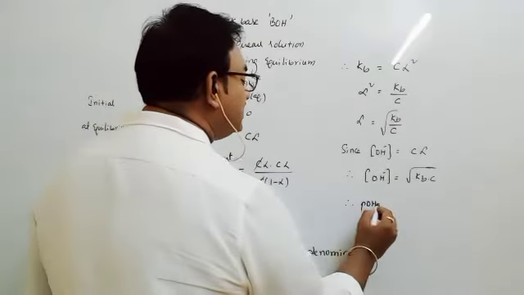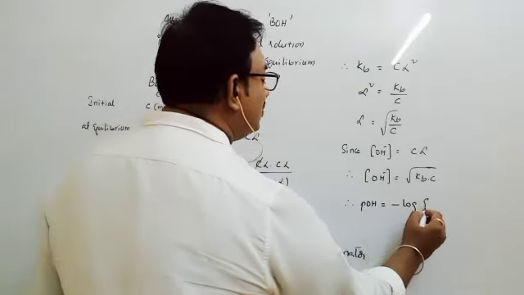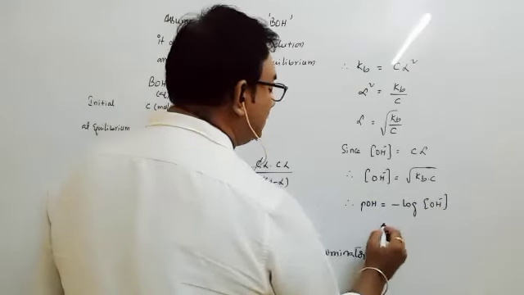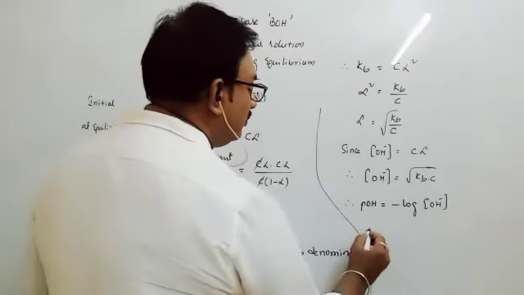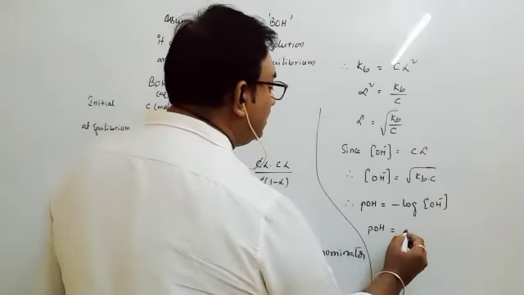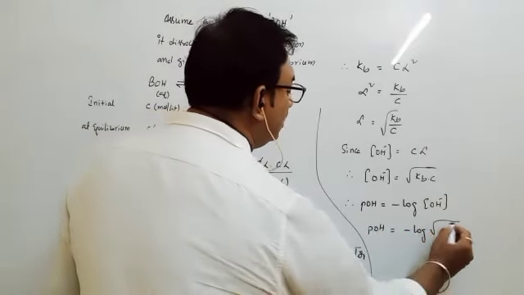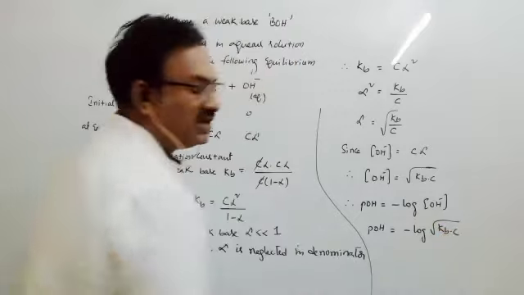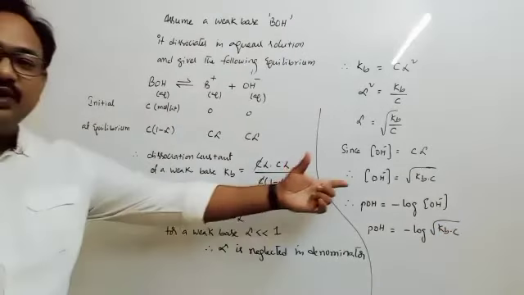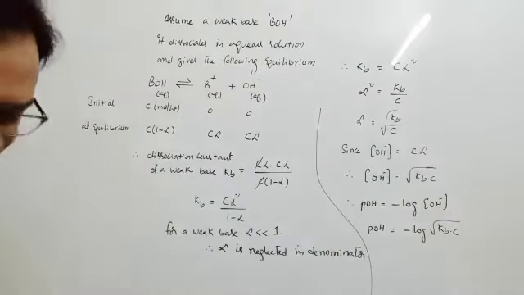Therefore, pOH is equal to minus log OH minus ion concentration. So, therefore, pOH is equal to minus log root Kb into C. Okay. So, let me evaluate this.